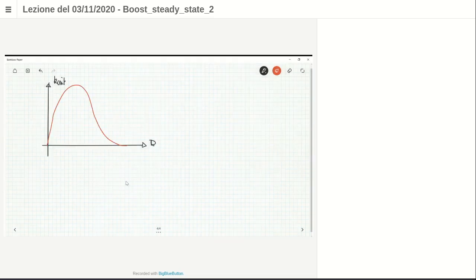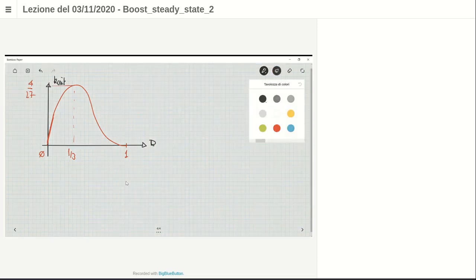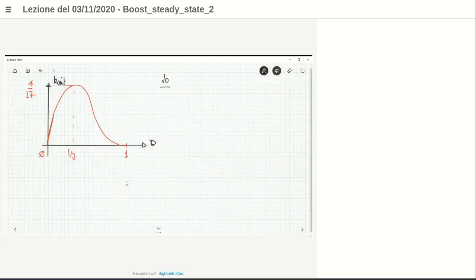Okay, something like this. 0, 1, 1/3 value here, and supposing that V0 over Vin is your conversion ratio. This conversion ratio, for example, for CCM is something like this. Okay.